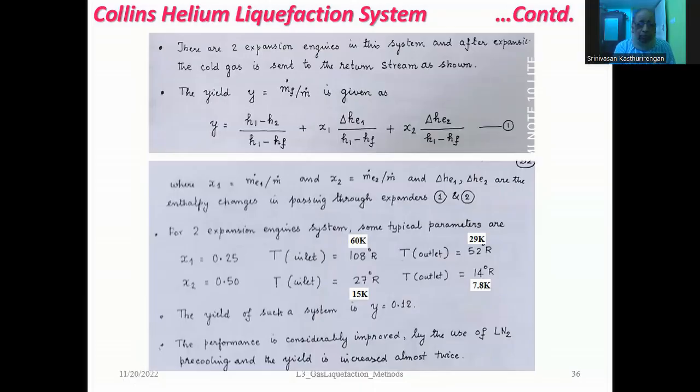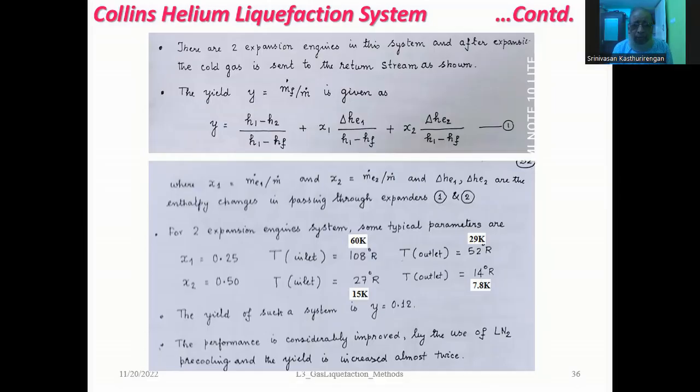Now the yield is equal to mf dot by m dot, and is given by (h1 minus h2) divided by (h1 minus hf), plus a part which is due to the first expansion engine, the change in the enthalpy divided by (h1 minus hf), multiplied by x1, representing the fraction of mass flow rate which goes to this expansion engine, plus x2 into delta H E2 divided by (h1 minus hf).